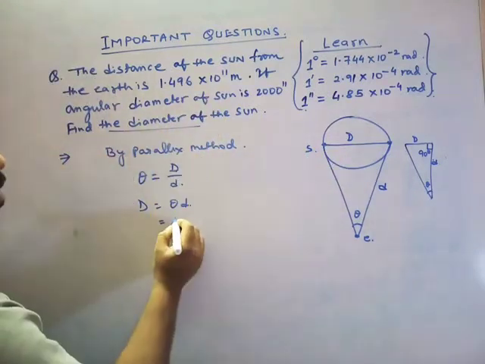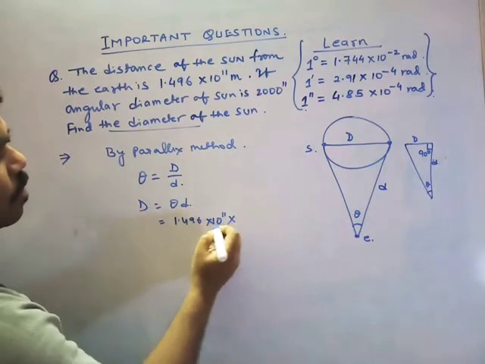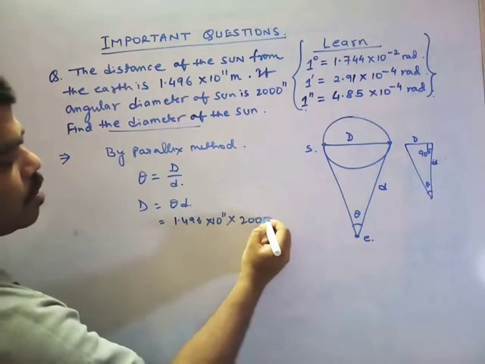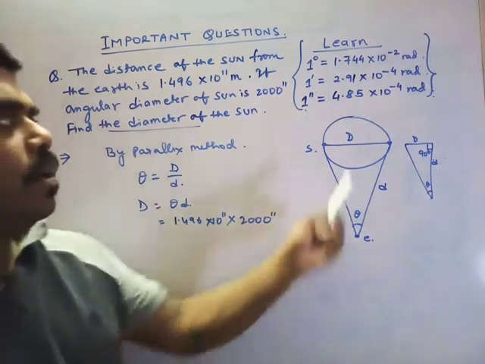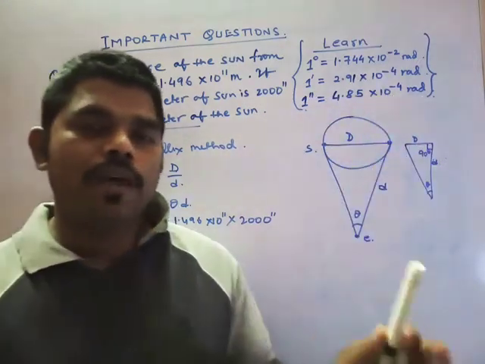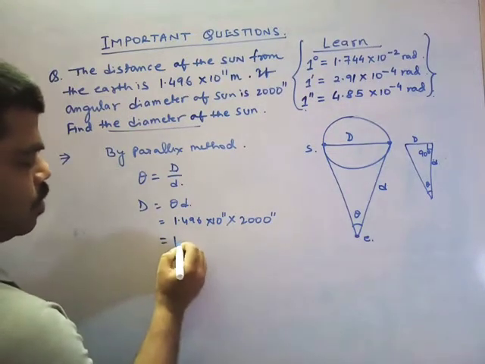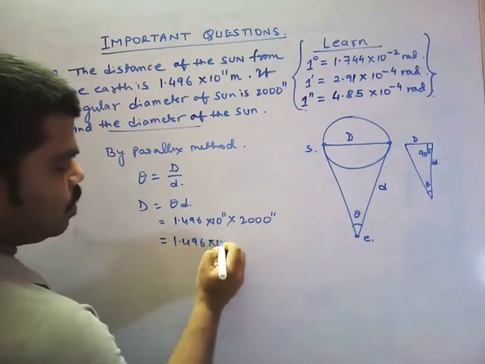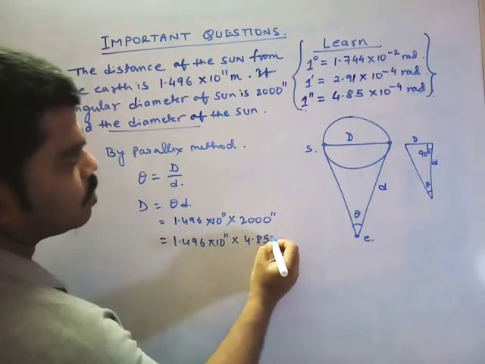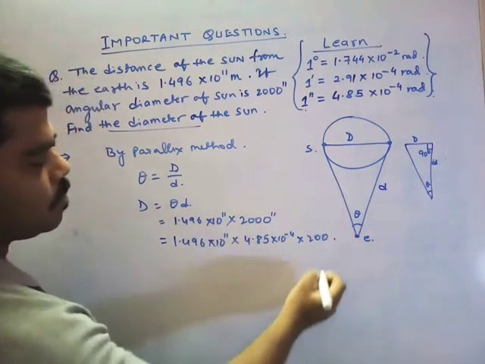Everything is given here: 1.496 into 10 to the power 11. You multiply with theta, which is 2000 seconds. But we know that 1 second is equal to 4.85 into 10 to the power minus 4 radians, which you have to learn. I have written it here, you have to learn it. So you write 1.496 into 10 to the power 11 into 4.85 into 10 to the power minus 4 into 2000.